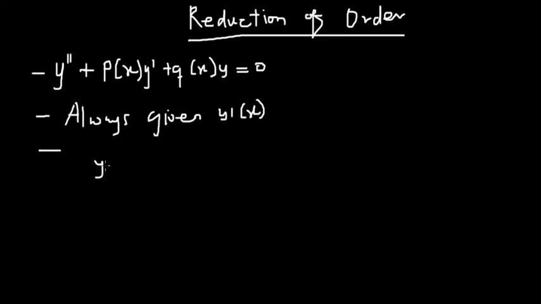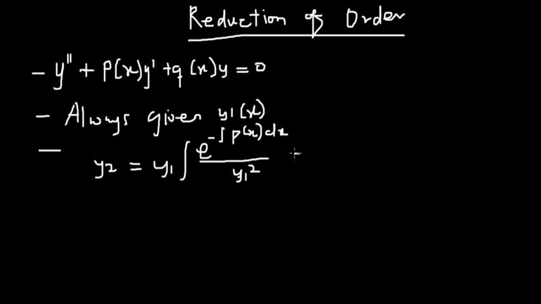So we have y2 equal to y1 times the integral of e to the minus integral of p of x dx, all of this divided by y1 squared, dx.